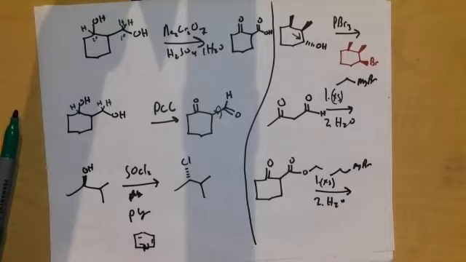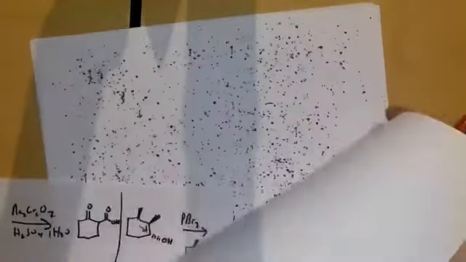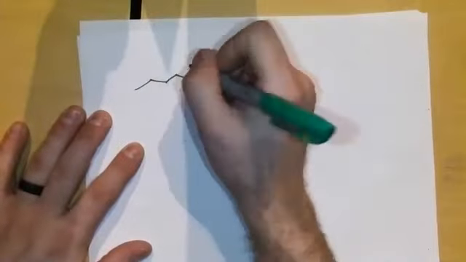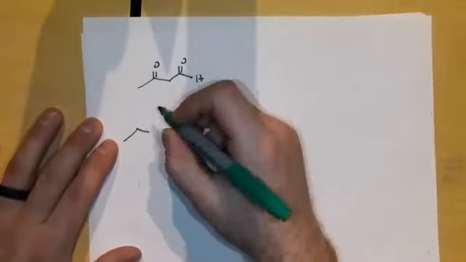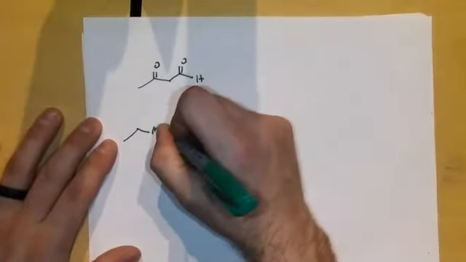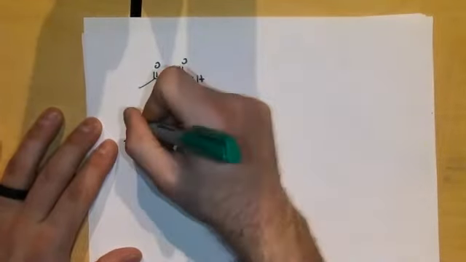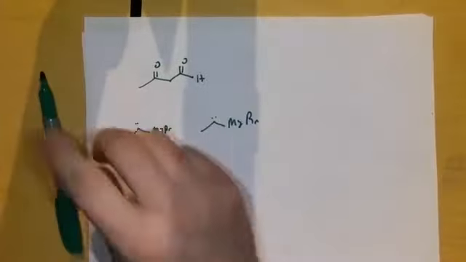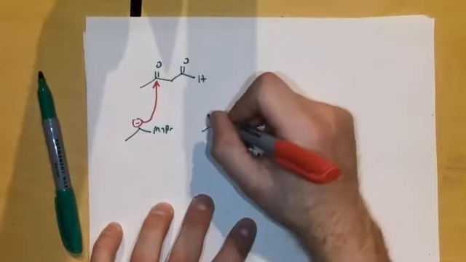And I might write this one out. We have excess Grignard solution, so I'm going to draw them twice. Both of these can attack our carbonyl center.